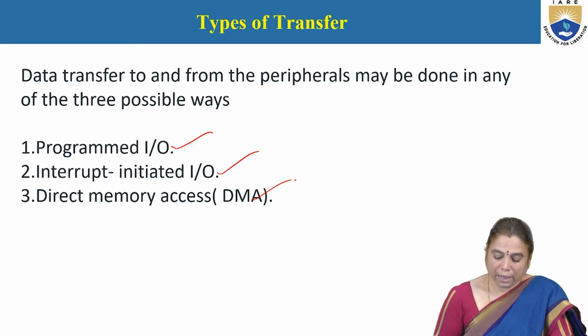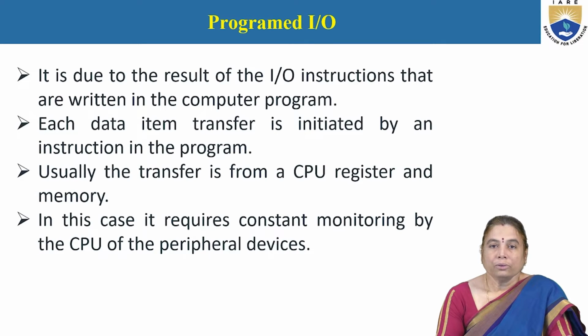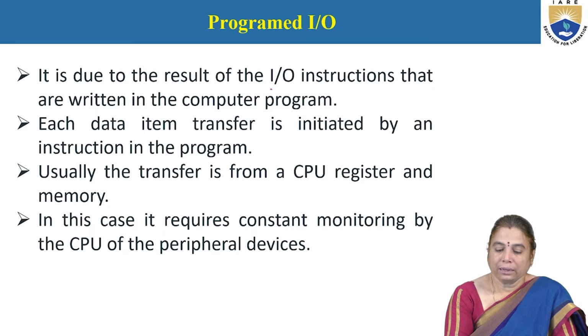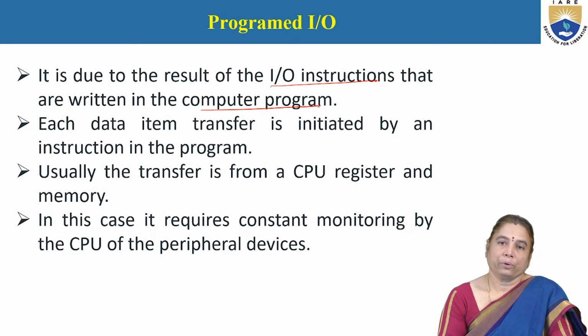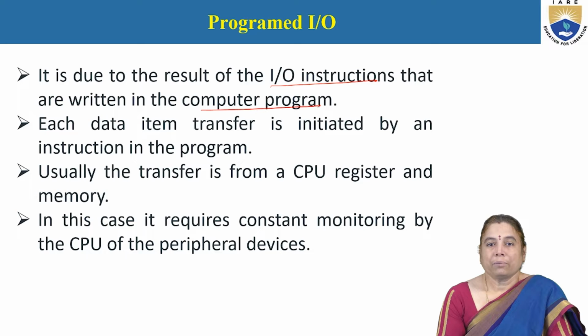What is programmed I/O? It is the result of an I/O instruction that is written in a computer program. Whenever the program is executed, the instruction pertaining to the I/O operations is referred to as an I/O instruction. In programmed I/O, the input-output operation is initiated by the instruction stored in the program.